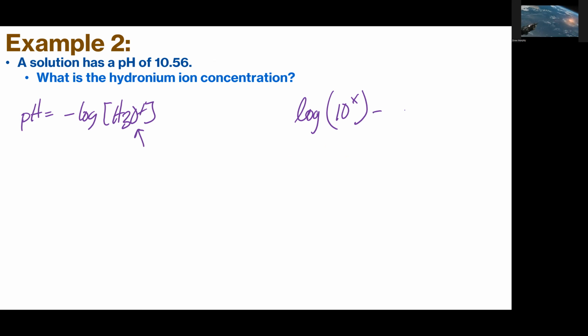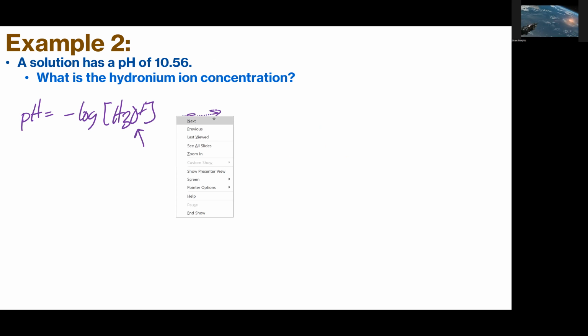If you want to solve for a number in your log, never mind, this is why I don't teach math. Just learn this: the inverse of log is 10 raised to a power.